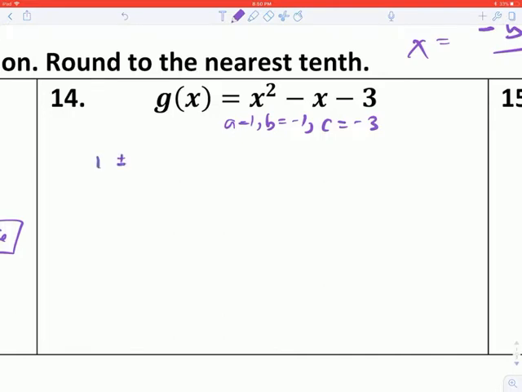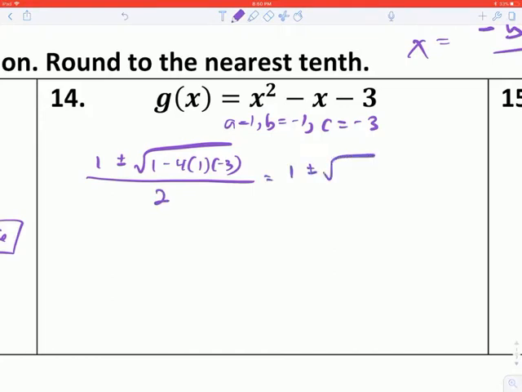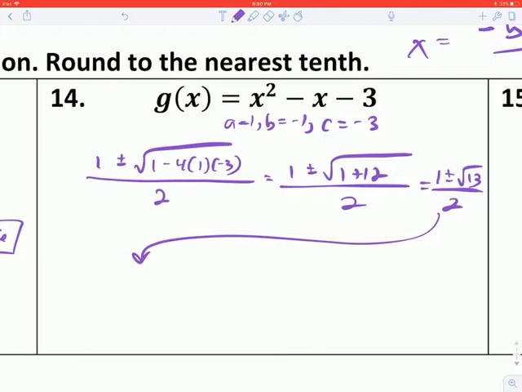So let's see, this will be 1 plus or minus the square root of 1 minus 4 times 1 times negative 3, all over 2. I have 1 plus or minus the square root of 1 plus 12, over 2, which is 1 plus or minus the square root of 13 over 2.